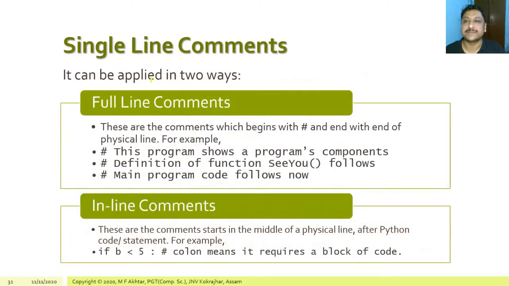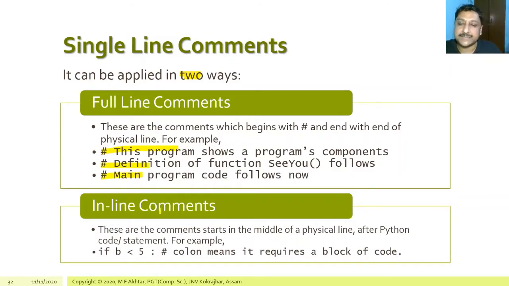Single line comments can also be applied in two ways. First, the full line comment. Full line comment means the line will start with a hash symbol. Then this line is said to be a full line comment. For example, this is a full line comment because there are no other statements in between.